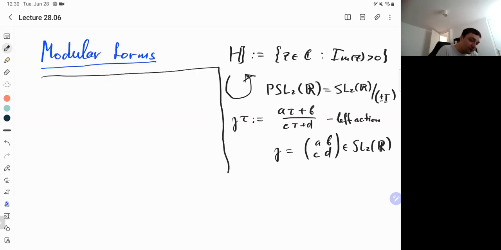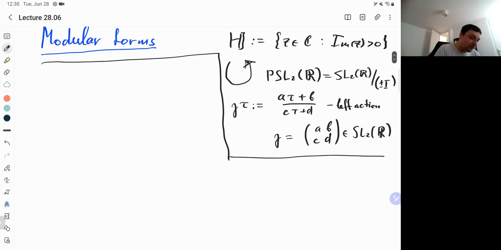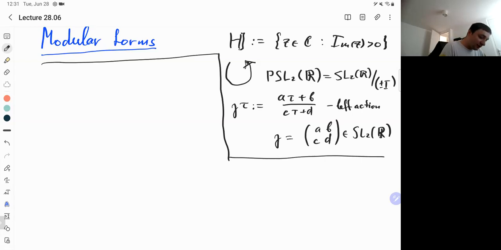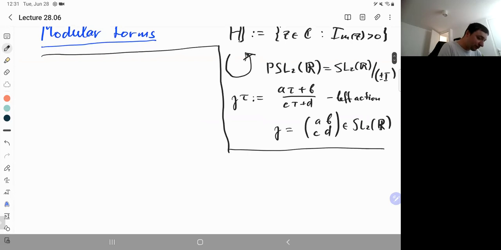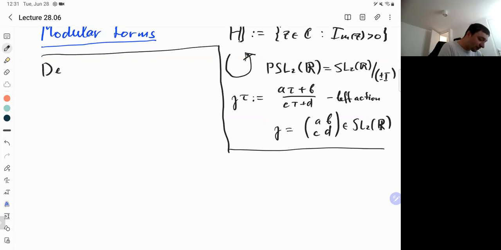And so what we're interested in is functions on H which play nicely with this action for some discrete subgroups of PSL2(R). And actually, for the whole course, there will be only two or three groups that we will consider.